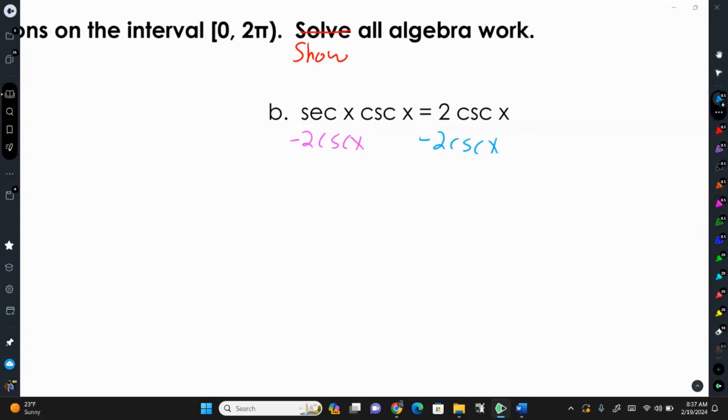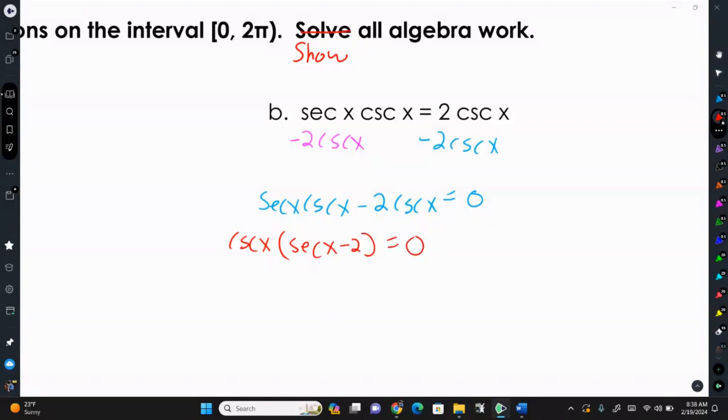So then we have secant x times cosecant x minus 2 cosecant x is equal to 0. Now we can factor out a cosecant. We're left with secant x minus 2 equals 0.